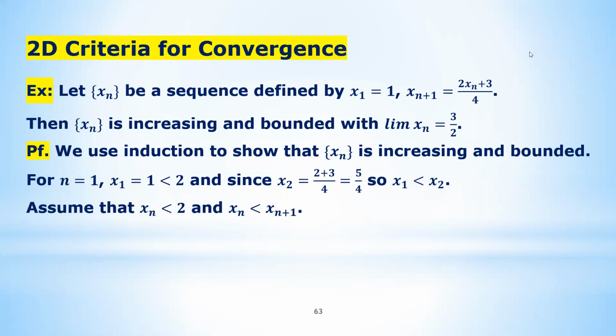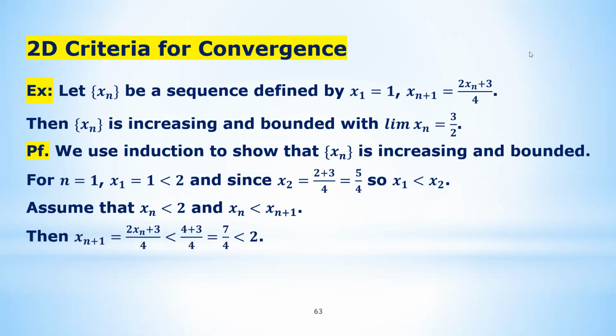And now let's make an assumption, what we call the inductive assumption. Let's assume that xn is less than 2, and also xn is less than xn plus 1, okay? And then we'll go to the next step, the higher level, to see whether it is still true. If it is still true, then the induction works, and we prove the result.